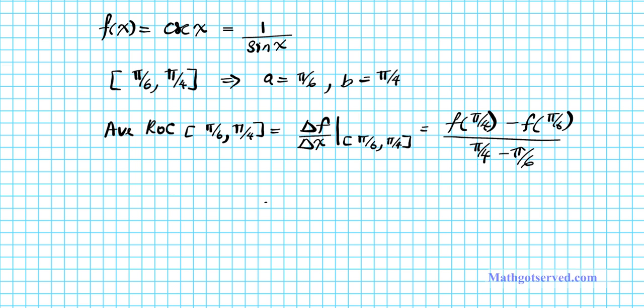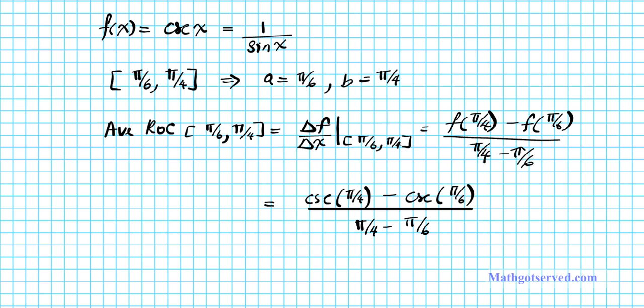Now we input these values into our function cosecant x. So what we're looking for is cosecant pi over 4 minus cosecant pi over 6, divided by pi over 4 minus pi over 6.